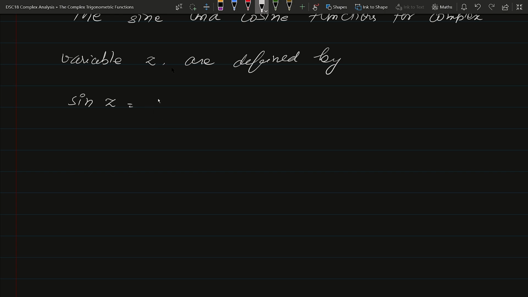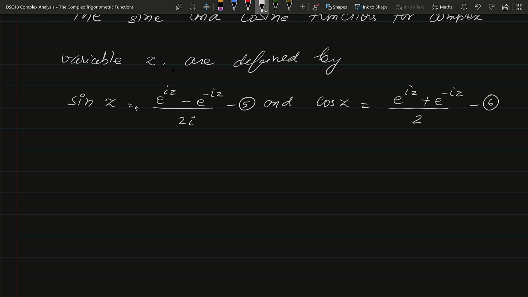We will have sin z equals e to the power iota z minus e to the power minus iota z over 2 iota, and at the same time cos z is equal to e to the power iota z plus e to the power minus iota z over 2. Let me call this equation number 5 and this equation number 6. So this is the definition of the sine and cosine functions.